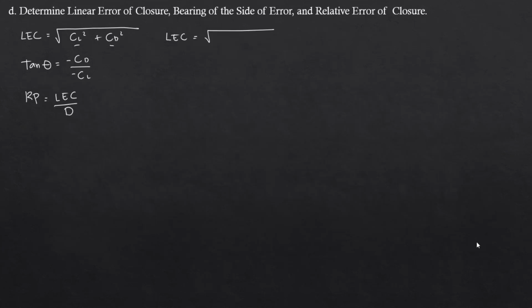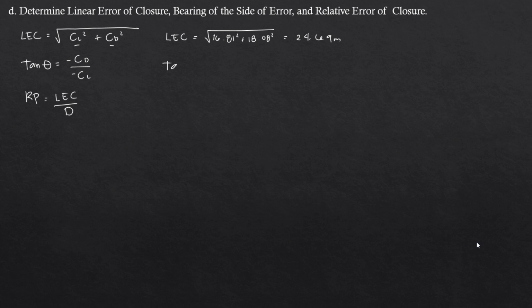So, LEC natin is equal to square root of positive 16.81 square plus 18.08 square is equal to 24.69 meters. Okay, so kunin natin yung bearing of side of error.